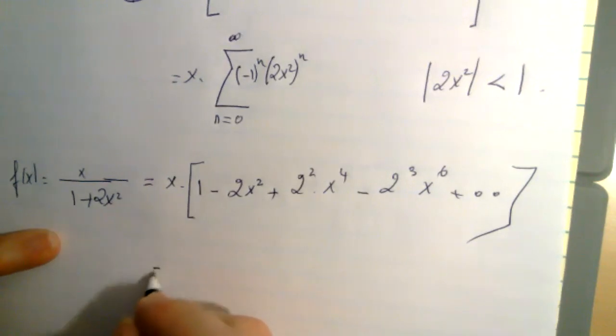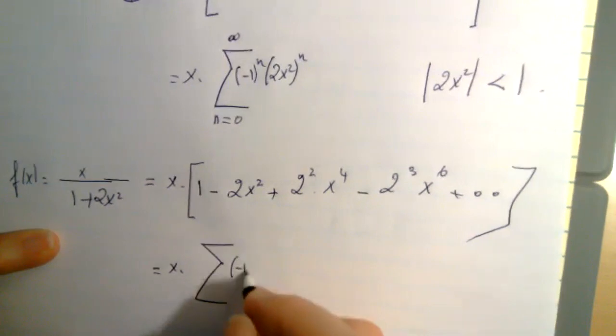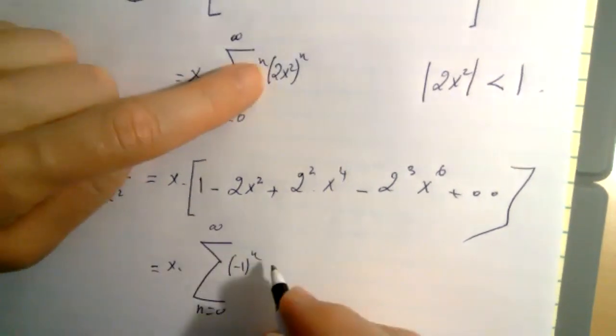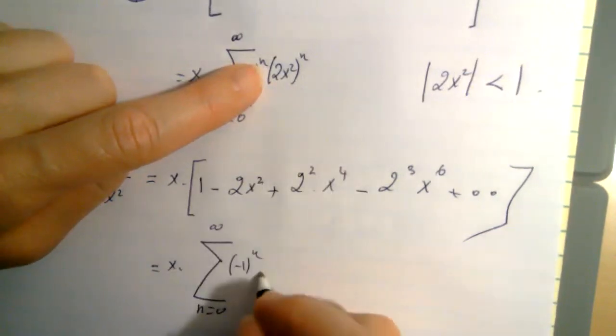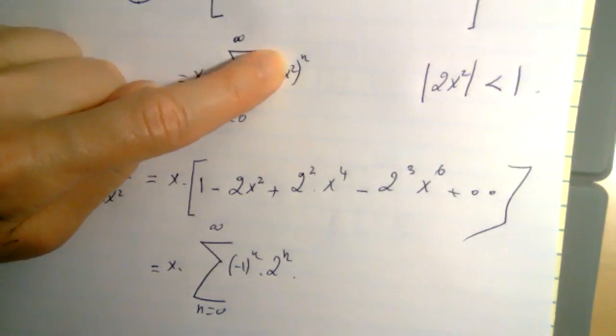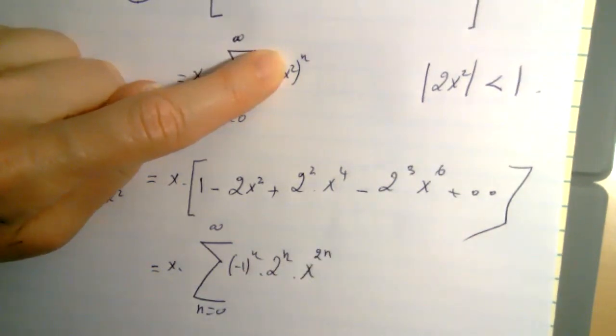So in sigma notation, this is x times sigma, -1 to the n from 0 to infinity of 2x squared to the power n, is 2 to the n, x squared raised to the power n is x to the power 2n.